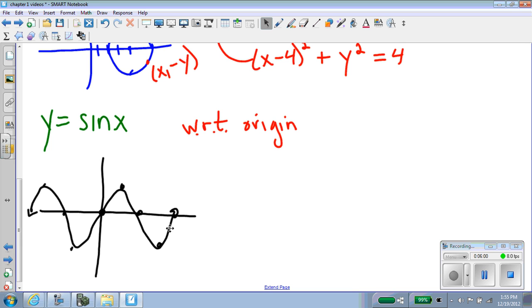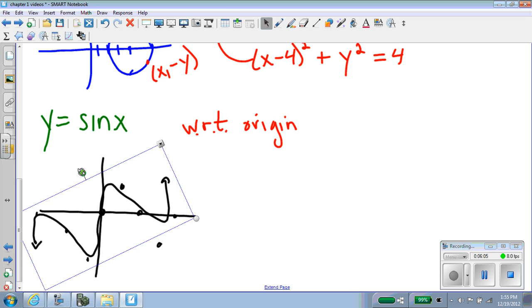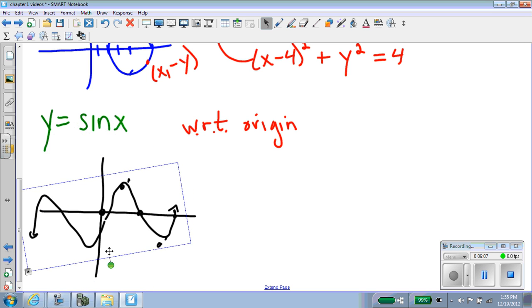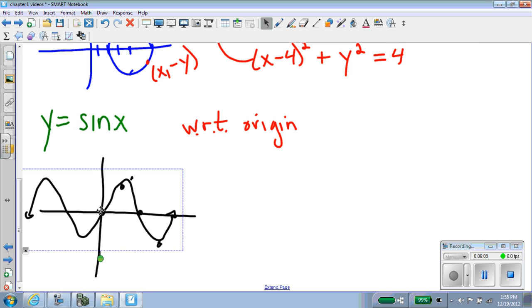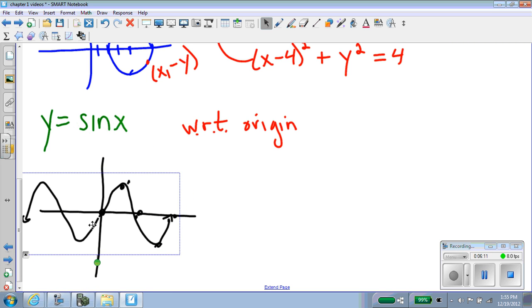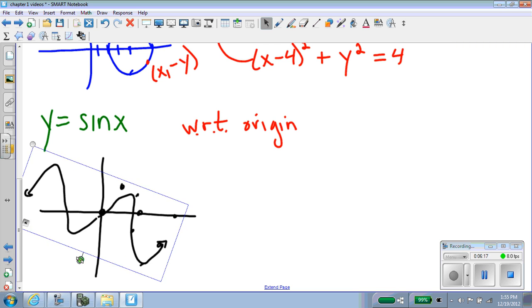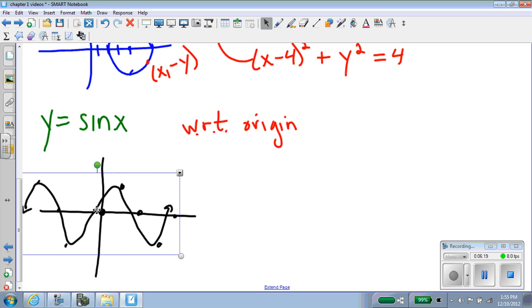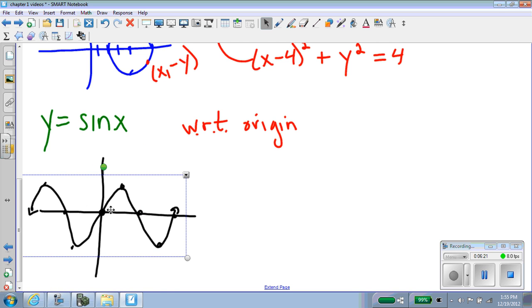Symmetry with respect to the origin says if I took my graph and rotated it, and I'm just a little offline here, and rotated it, it would look the same right side up and upside down. That's symmetry with respect to the origin.